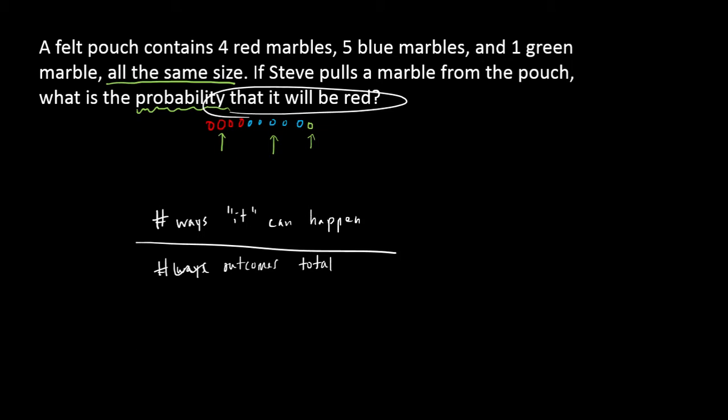So just the number of anything that can happen. The number of ways I can draw a red marble, well, there are 4 of them, so I could draw any one of 4 red marbles. My total number of possibilities is 10 because I have 4 red plus 5 blue plus 1 green, so I have 10 total.